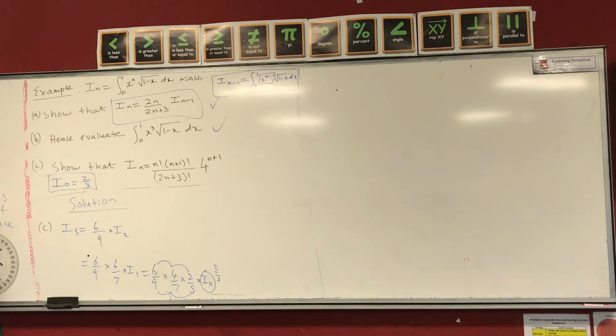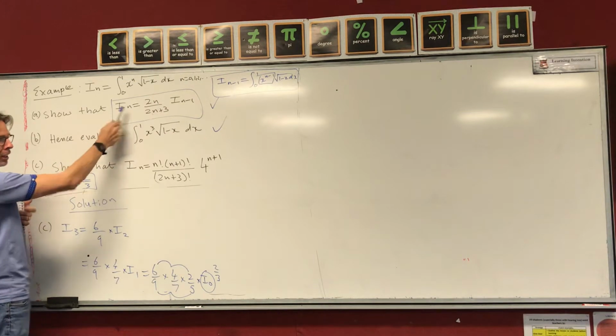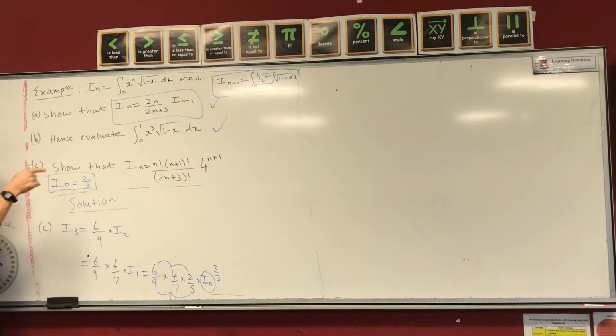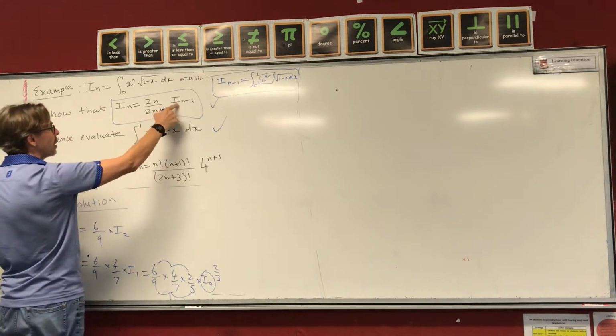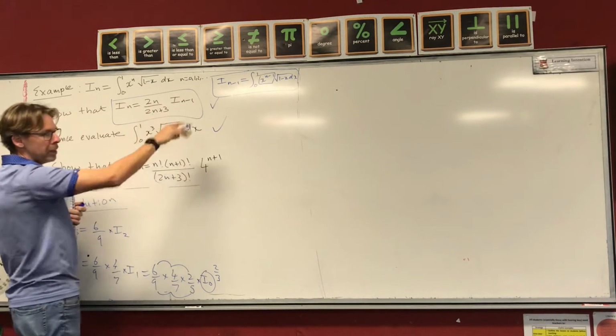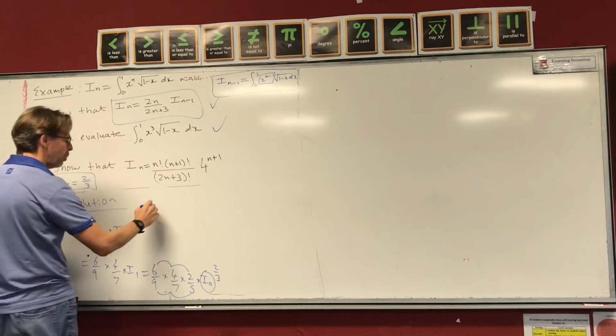Now, that's an important thing to realise, because if we're going to show this to be true, starting from this expression here, we're going to need to know the pattern. If I was to write that pattern out all the way down, what would it look like?